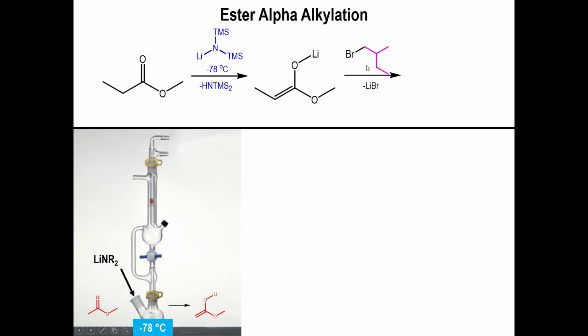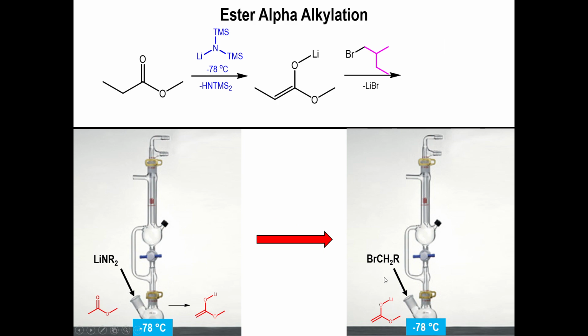Then you introduce your alkyl halide and you let the reaction warm up to room temperature. So here we go. We introduce the alkyl halide and then we just let it warm up to room temperature, either by removing the flask from the cold well, or just letting it warm up over time.